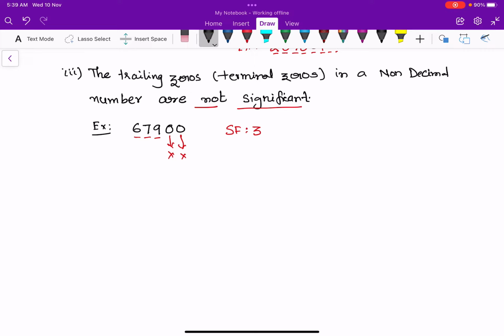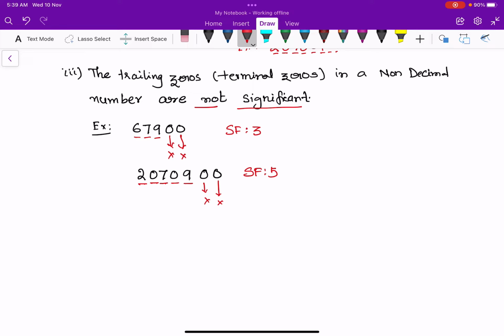Suppose let us say another one: 2070900. So 1, 2, 3, 4, 5. Significant figures there are 5. This 0 is not counted, this 0 is not counted. They are called end zeros, terminal zeros, trailing zeros in a non-decimal number, which is a pure number without a point.